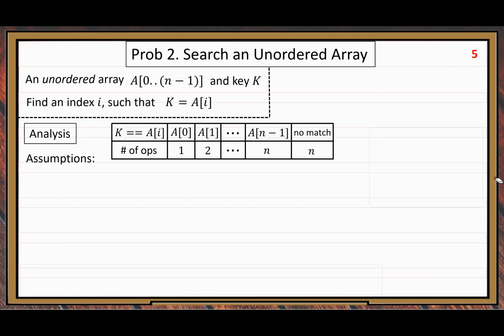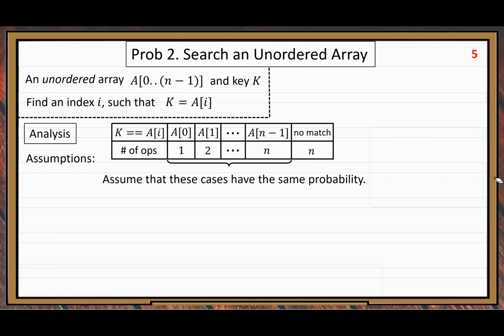So for these cases we have here, if we consider them, for the first n cases, we can assume they have the same probability, right? Case 1, case 2, case 3.